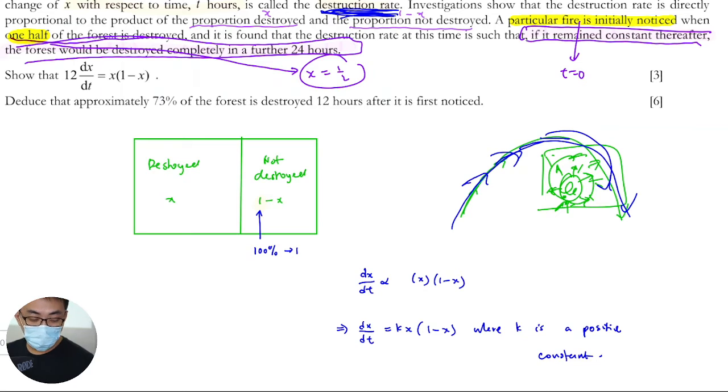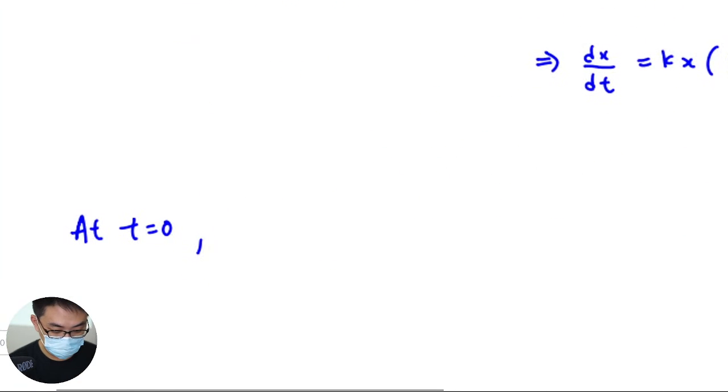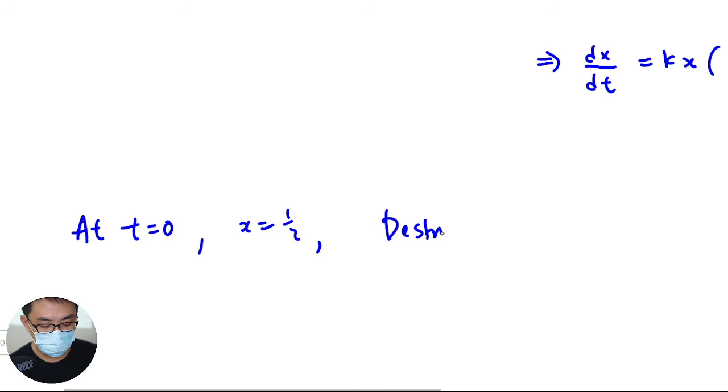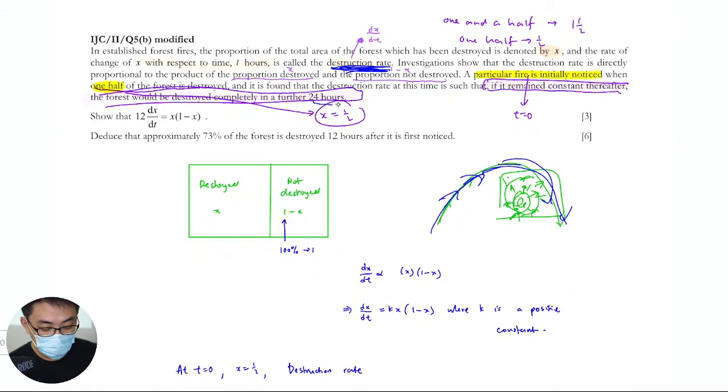But after that, because the fire ages through the forest, the fewer trees you have, the destruction rate goes down. So at t equals 0, x equals a half. If you hold this destruction rate constant, the forest will be destroyed completely in a further 24 hours.